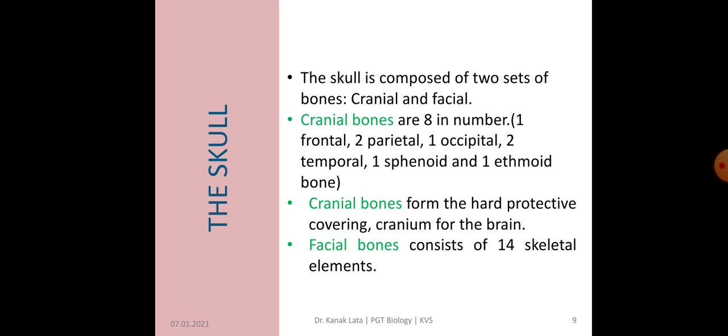Facial bones are composed of 14 bones. This includes 2 nasal bones, 2 maxillae, 2 palatines, 2 zygomatic, 2 lacrimal, and 2 inferior nasal conchae, 1 vomer, and 1 mandible.